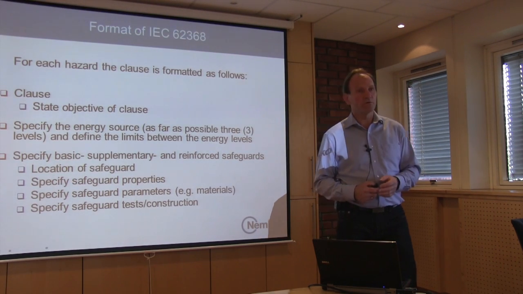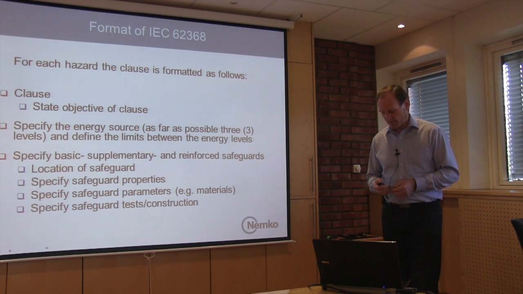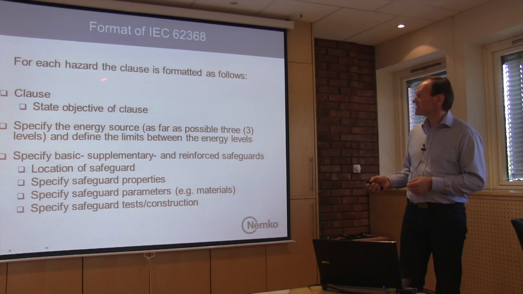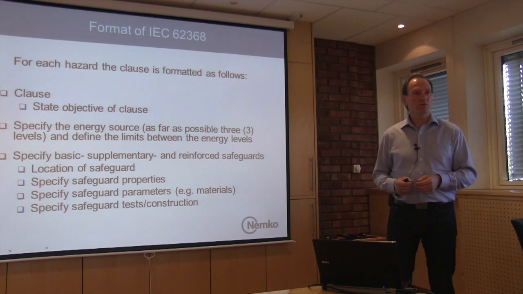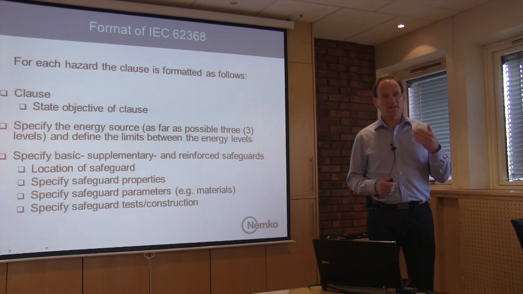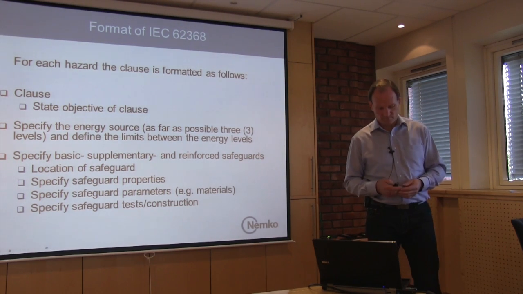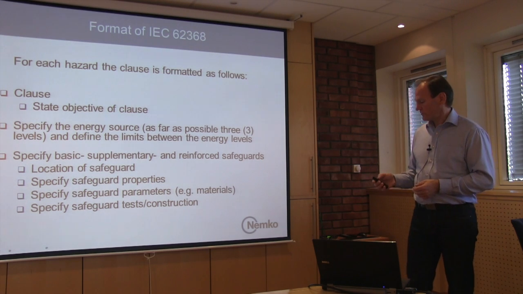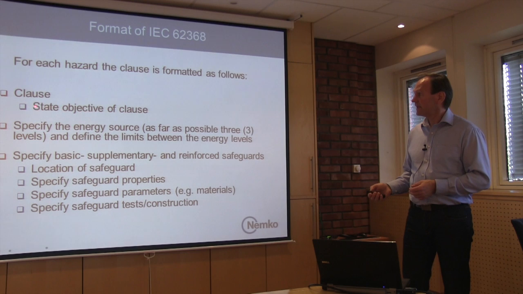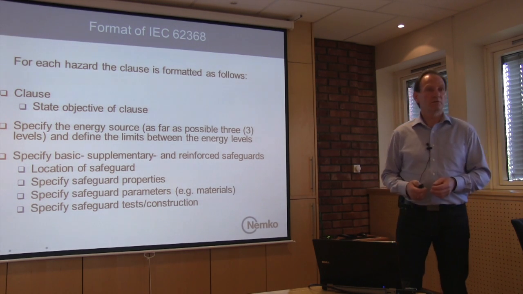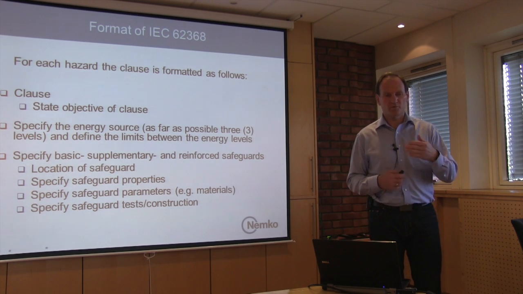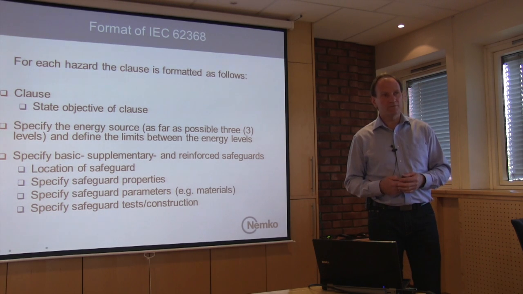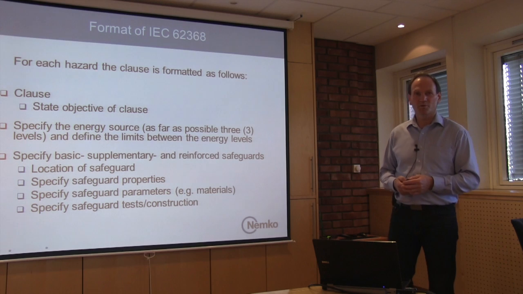So the format of 62368: for each hazard, there is an objective in the beginning. There shall be an objective in the beginning of each clause to understand the meaning of this clause. I'm not quite sure if this has been the case in all clauses today in the second edition, but still work has to be done, and you never finish the document completely.